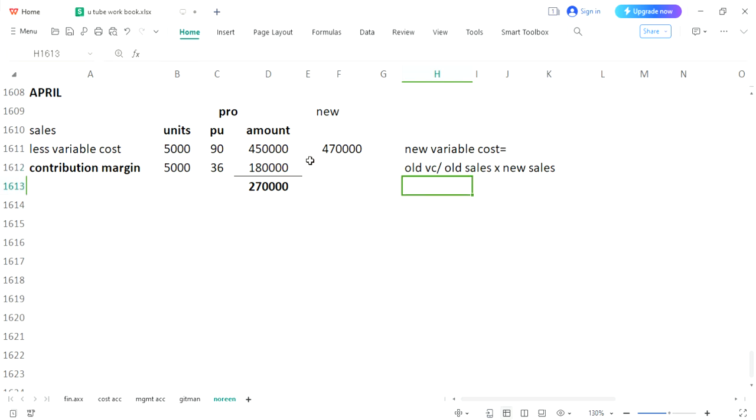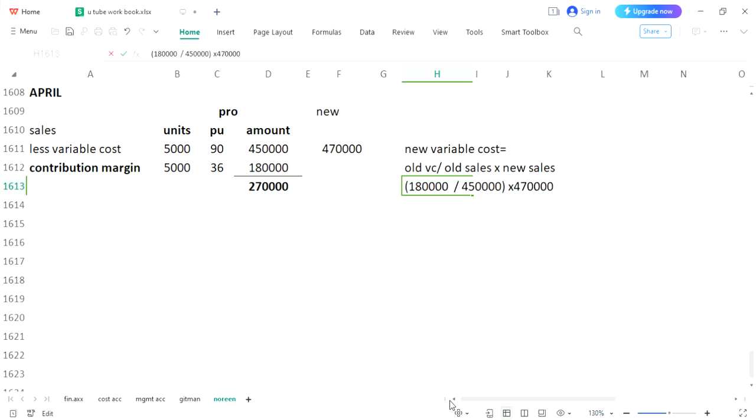Okay, old VC 1,80,000, write down over here, and it is to be divided by old sales 4,50,000, put over here, and then you will multiply with new sales, new sale 4,70,000. So put over here. In this way our statement has been completed.